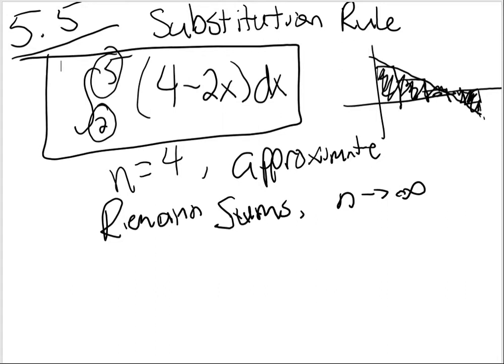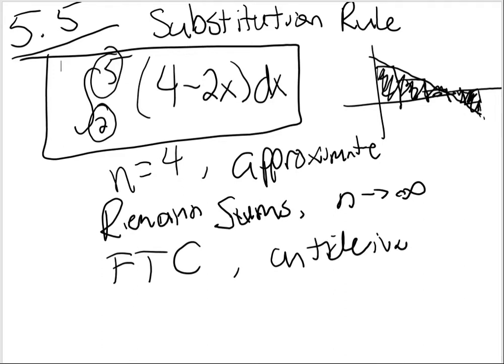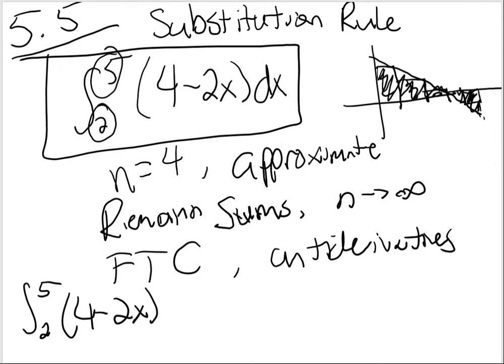And then we said, well, that's all fine, but there's this thing called the Fundamental Theorem of Calculus that lets us do it a lot faster using antiderivatives. And for a problem like the one above, that one's pretty straightforward. What do we get?